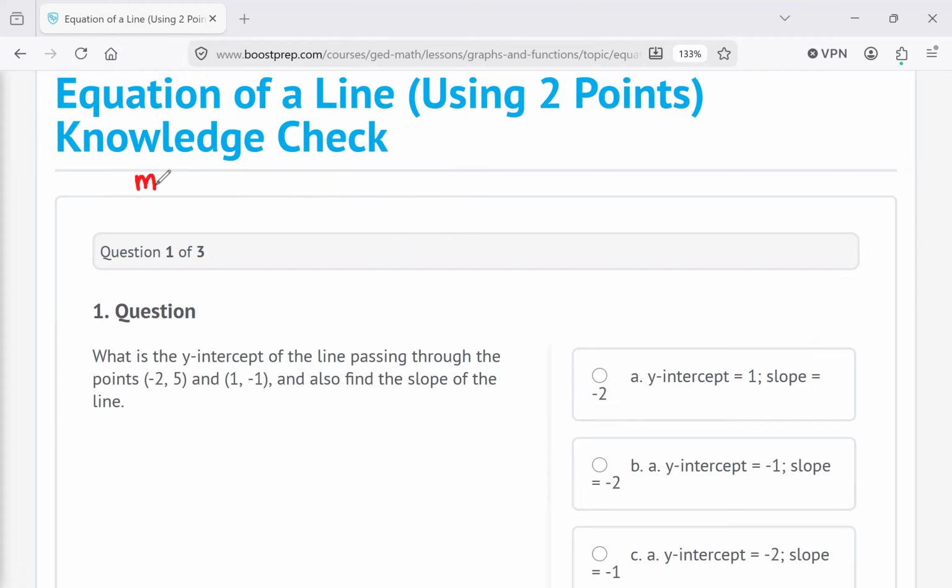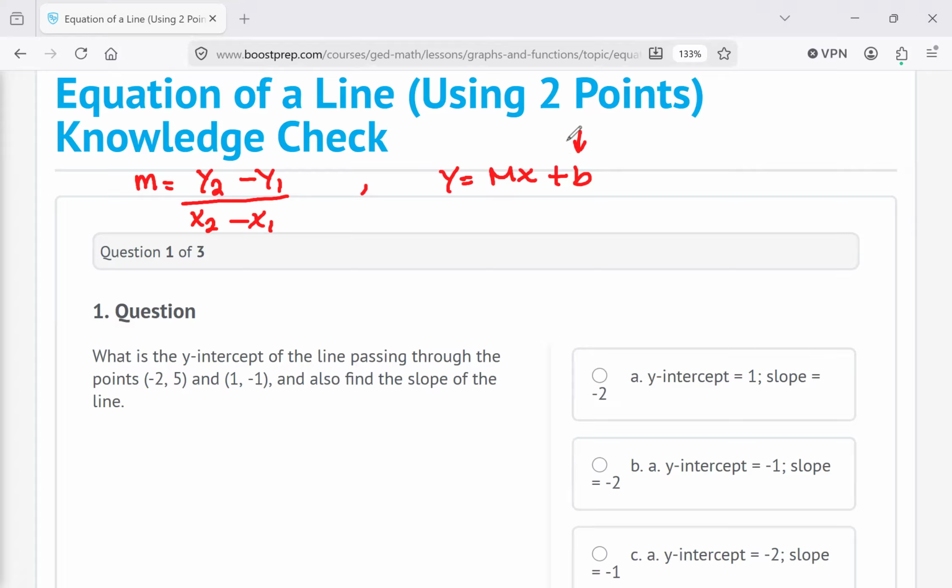We've got to find the slope when given 2 points, so I'm going to use y2 minus y1 over x2 minus x1, right? And then I will also use the slope-intercept form, y equals mx plus b, because I've got to find the y-intercept, which is technically the b.